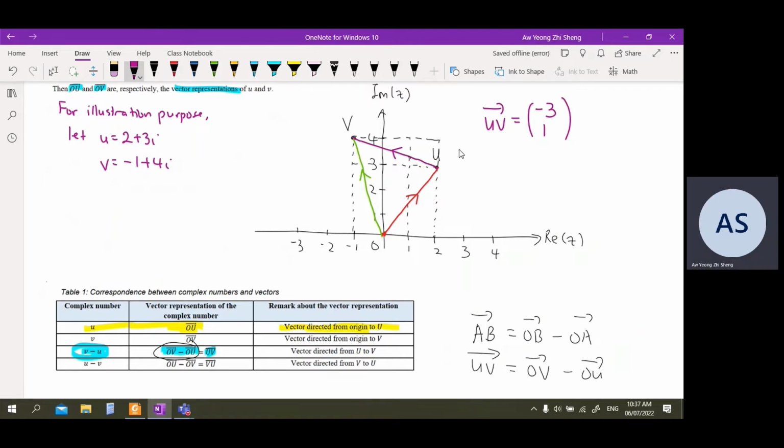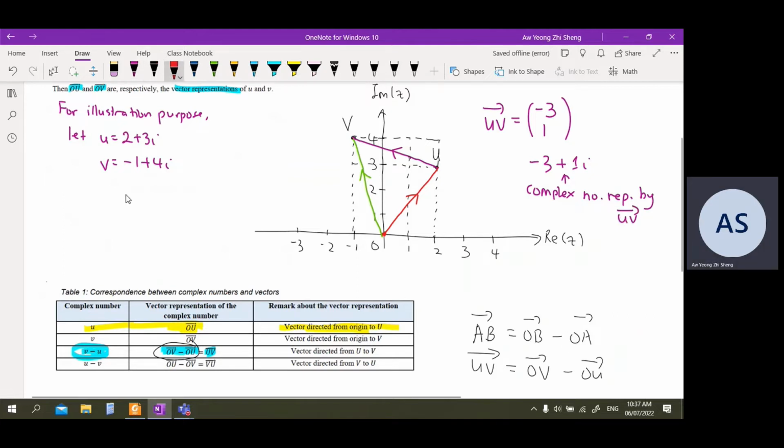From this vector -3, 1, we can tell that the complex number represented by the vector UV is -3 plus 1i, or simply -3 plus i.